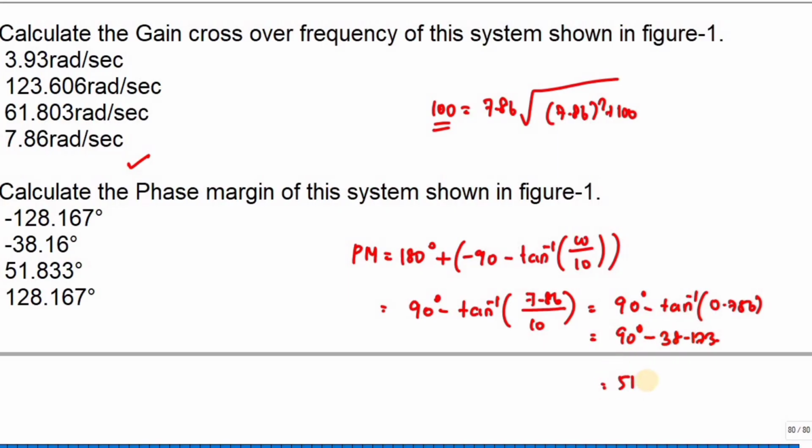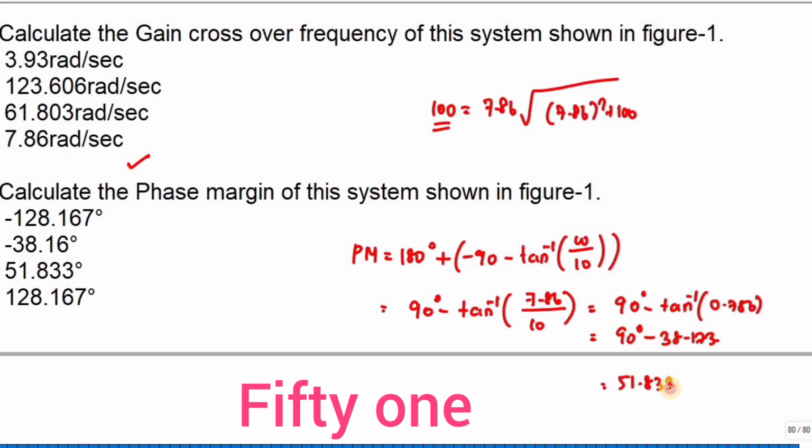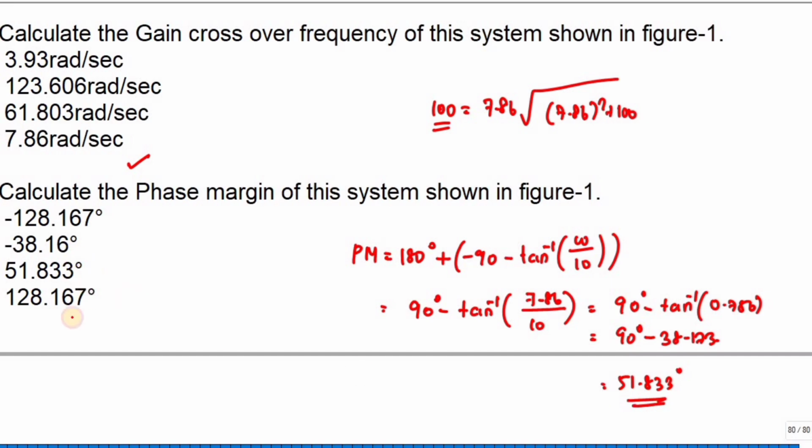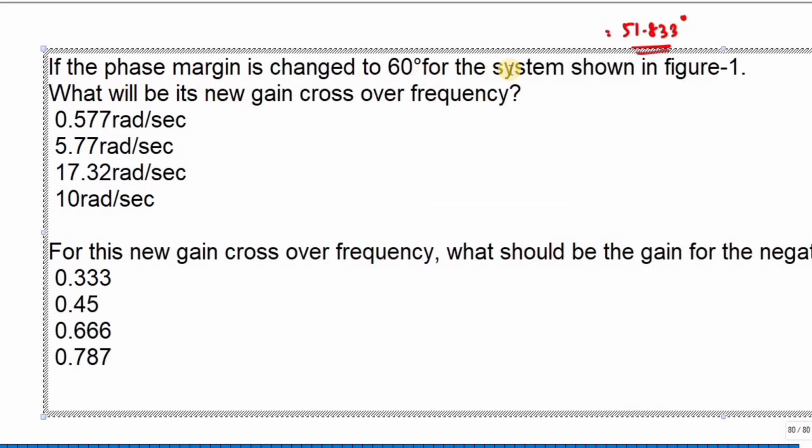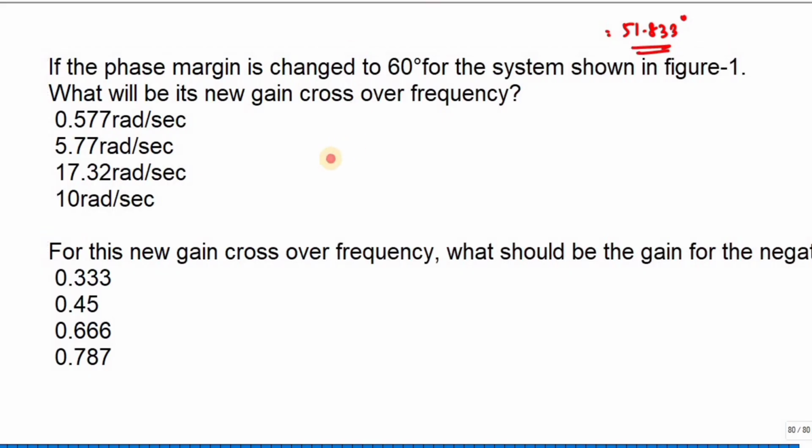If the phase margin is changed to 60 degree for the above question, what will be the new gain crossover frequency? So you know that phase margin equals 180 degree plus this value. So 60 degree is equal to 180 degree minus tan inverse of omega by 10 minus 90 degree. From this I can calculate the value of omega, right?